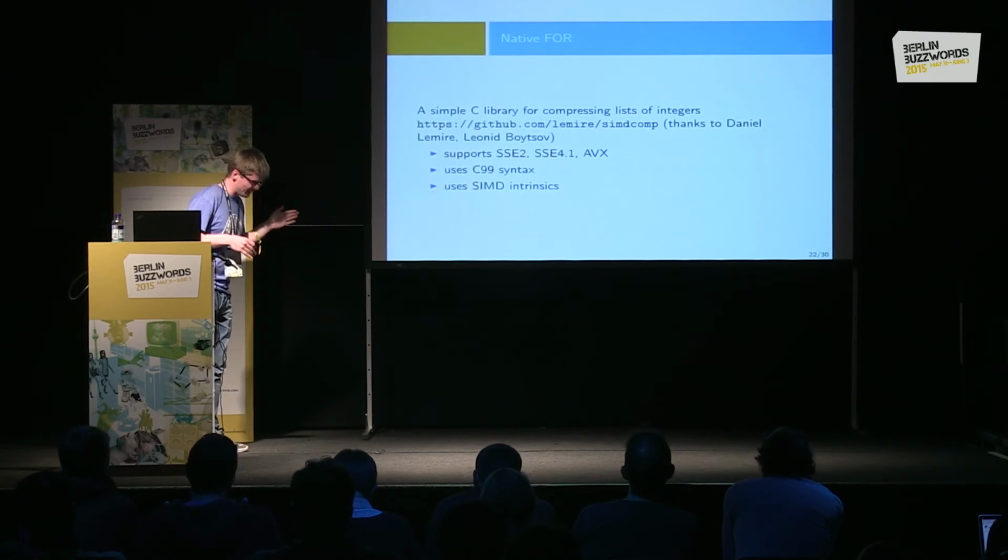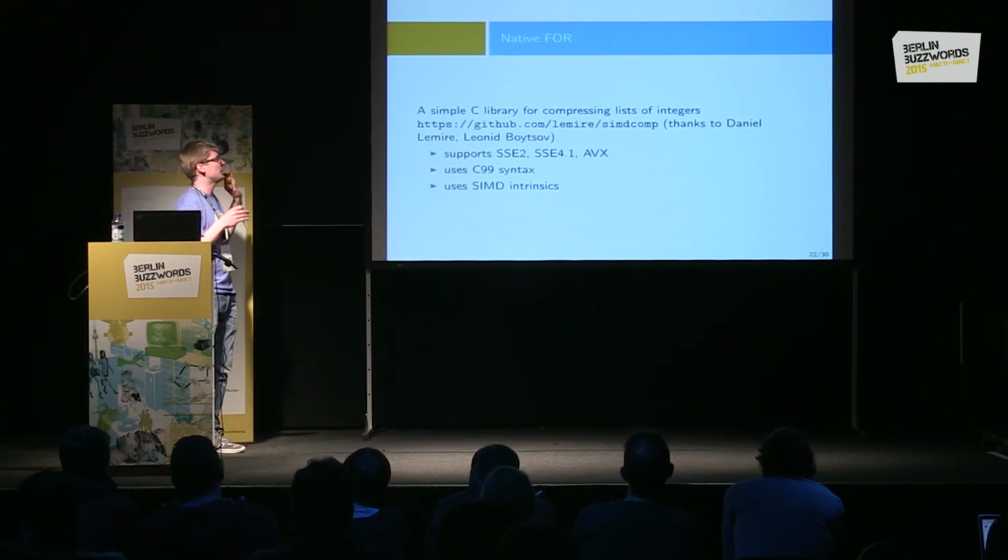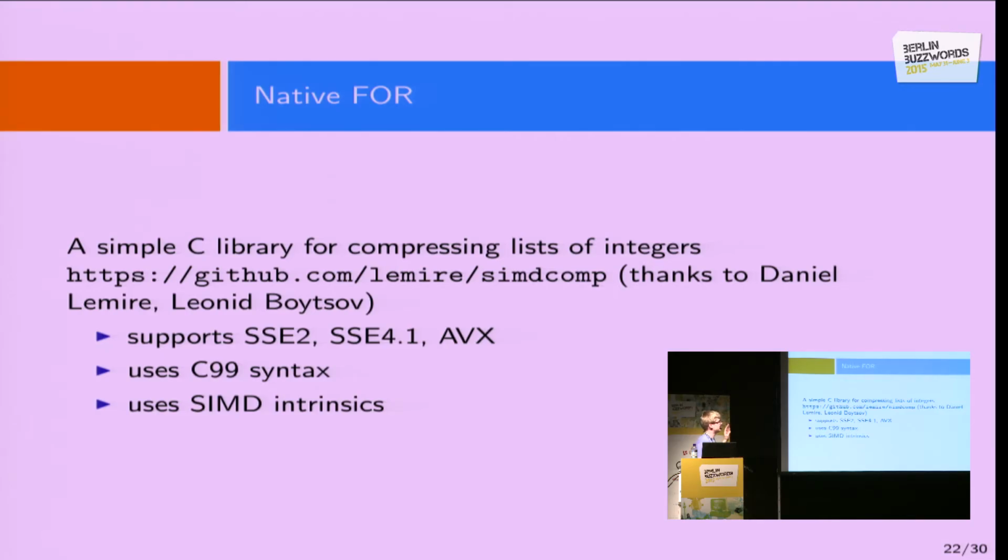As a reference implementation, I took a native simple C library from GitHub. Thanks to Daniel Lemire. Actually, Daniel wrote his simple library. It utilizes SIMD instructions. It uses C99 syntax, so it can be compiled with any compiler.